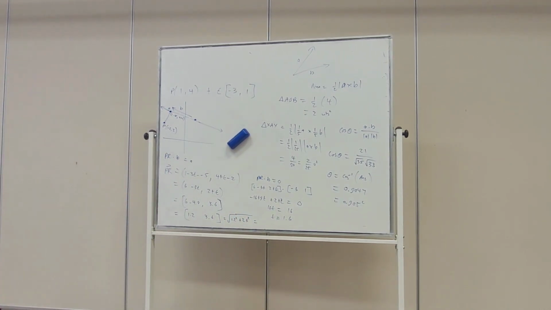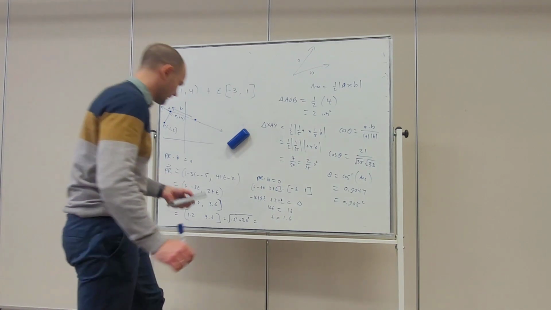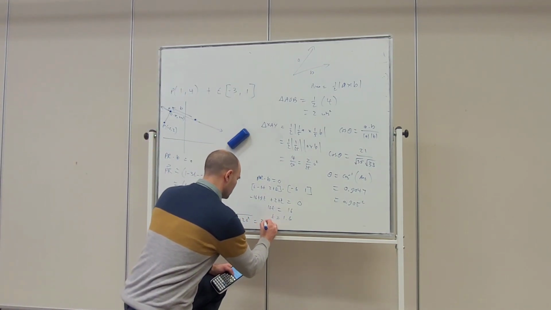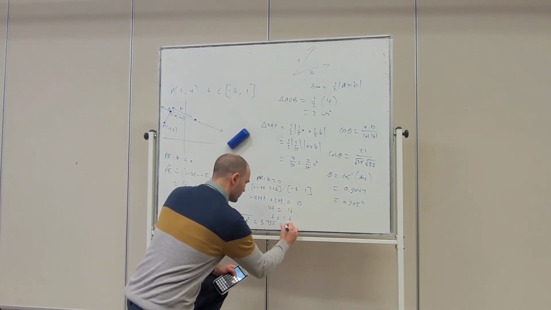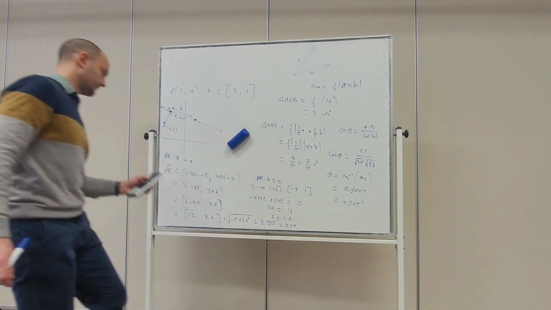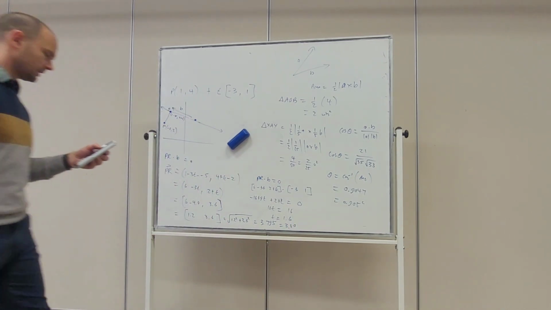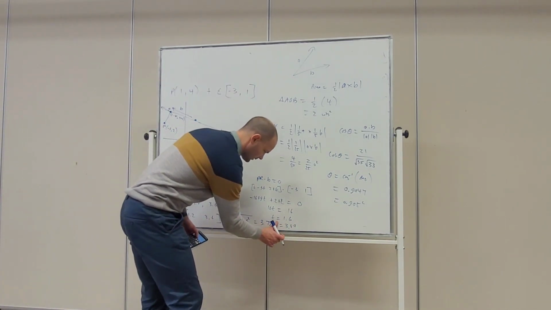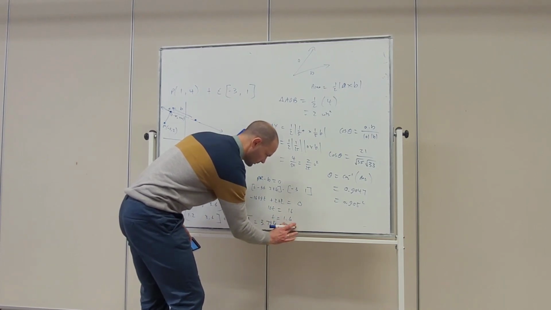I'll just go straight to the calculator. We've got 3.795. Sorry, it's 3.794, which is 3.79.